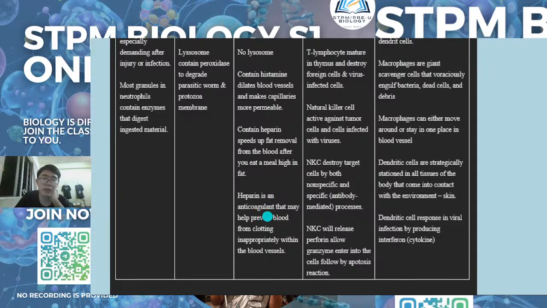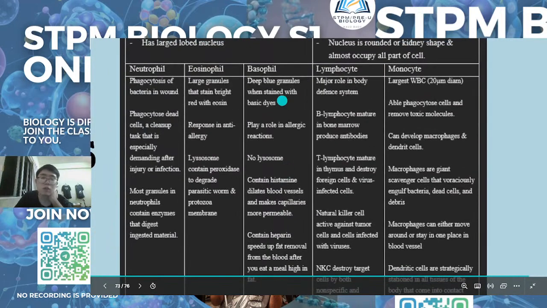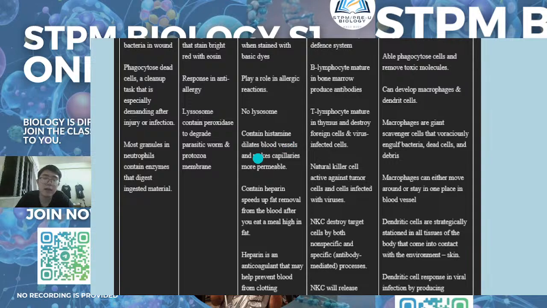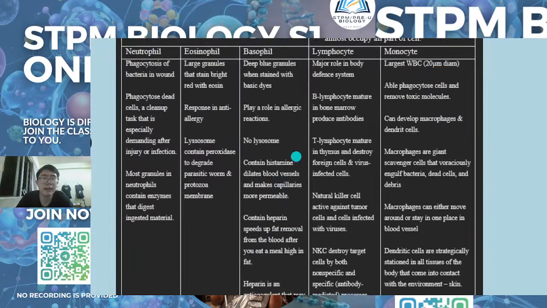Heparin is also an anticoagulant that may help prevent blood from clotting inappropriately within the blood vessel. So basophil plays the role in protection in the blood vessel, but it does not fight against pathogens. It dilates blood vessels and speeds up fat removal like that.